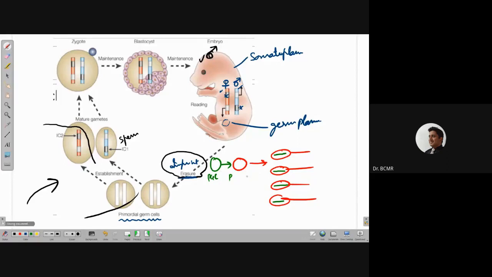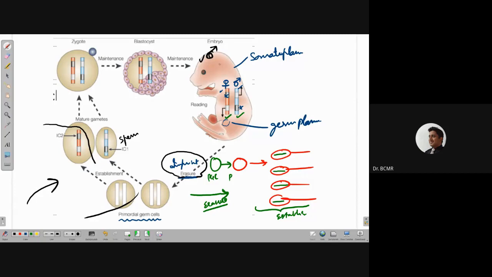So by that time, from formation of primordial germ cells, all of the imprints are erased, and then we have an establishment. If you can see in this case, I said this belongs to the paternal and this belongs to the maternal set.